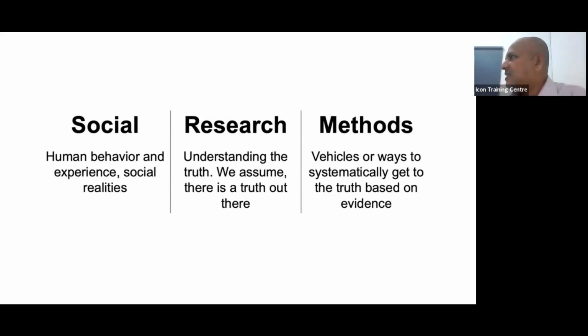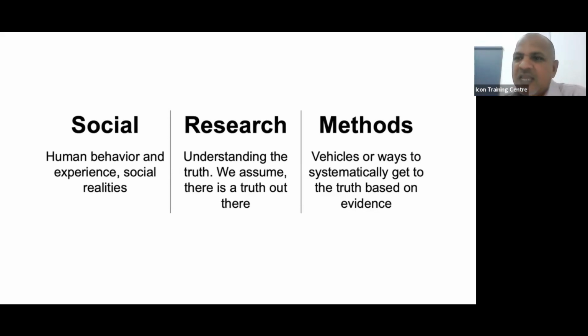So there are methods we are going to discuss. You understand? Social research methods here. Business students are doing social research methods. Our business research methods are social research methods. We are not doing laboratory research.